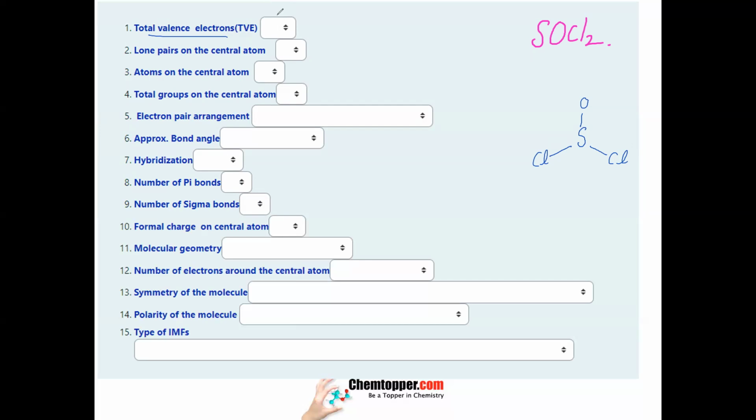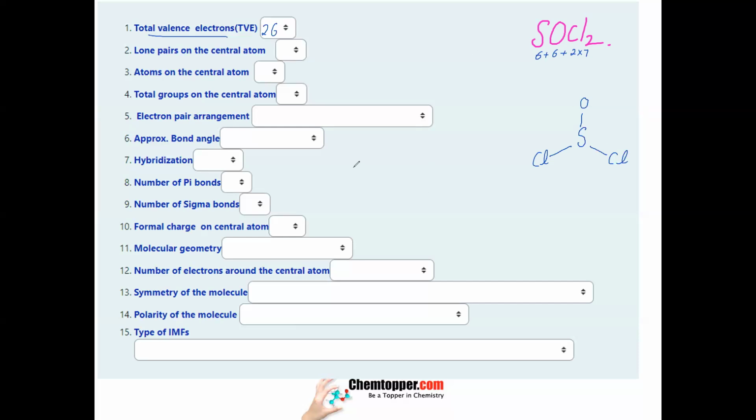Total valence electrons, children. Sulfur is 6, oxygen is 6, chlorine is 7. So how many total? 26. Very good. Lone pairs on the central atom.